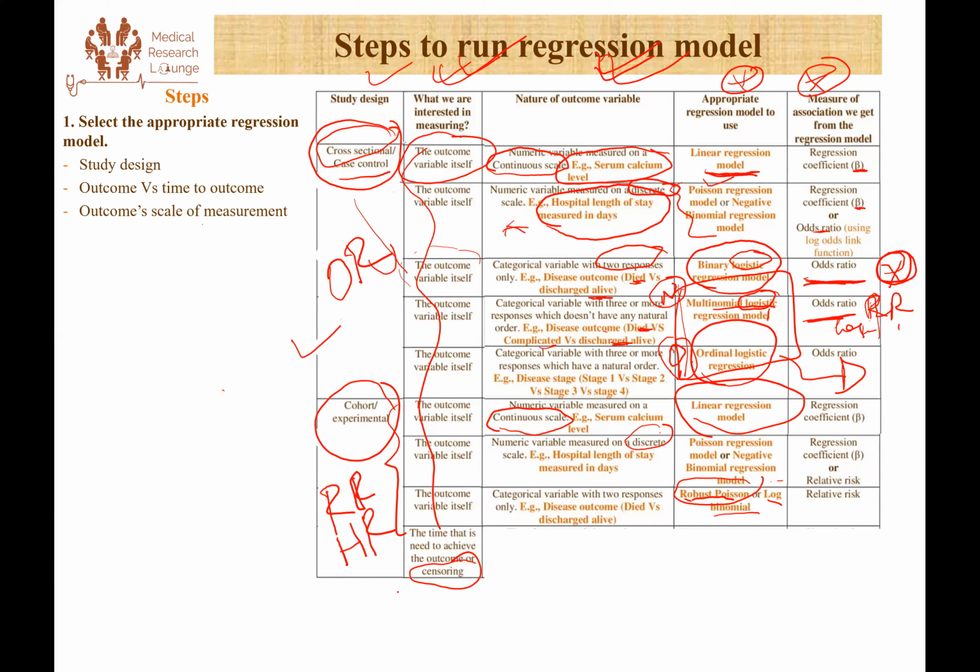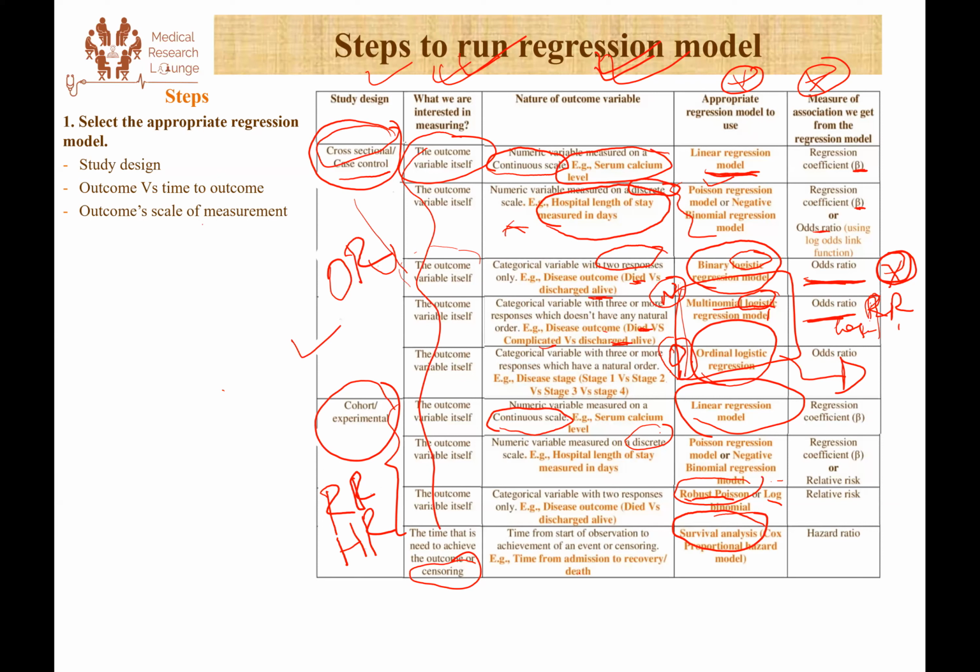So there's a special type of analysis that can count the time up to the development of the outcome, and it can also consider these censored observations, for which we did not see the outcome. We call this special analysis survival analysis. I'm sure you're familiar with it. Survival analysis is interested in measuring the time from a given exposure up to the development of the outcome.